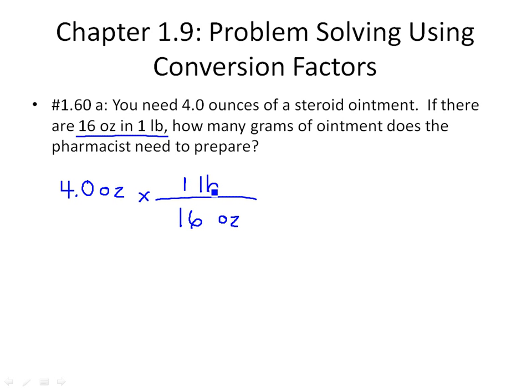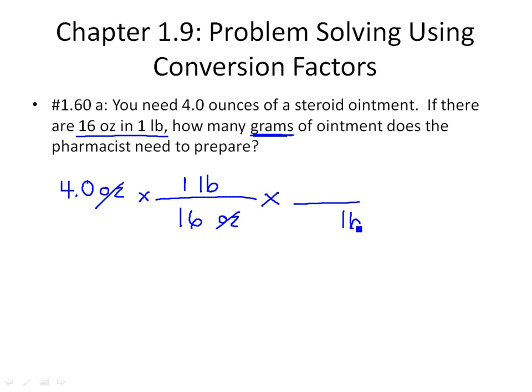Now remember, we have to put our conversion factor this way so that our ounces will cancel. Now we have pounds. If we were asked for pounds, then we would be done, but we're asked for grams. But we know we have to have pounds on the bottom.